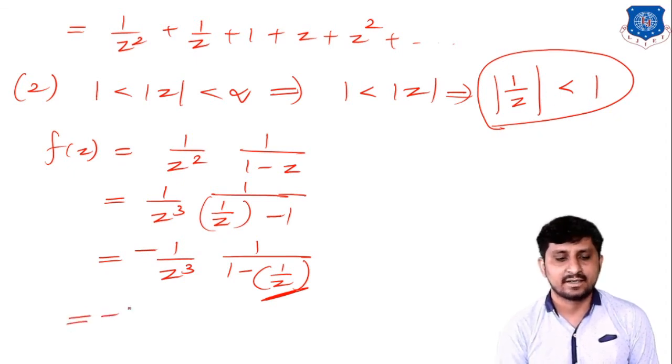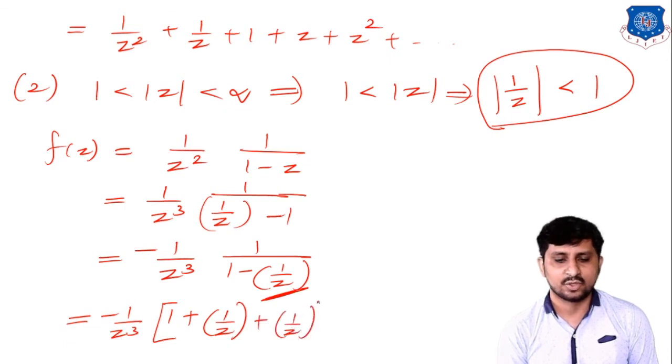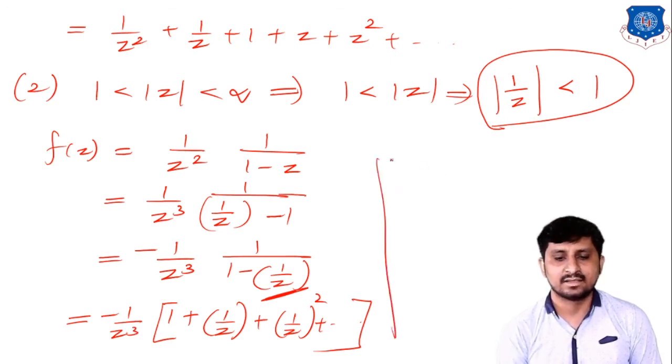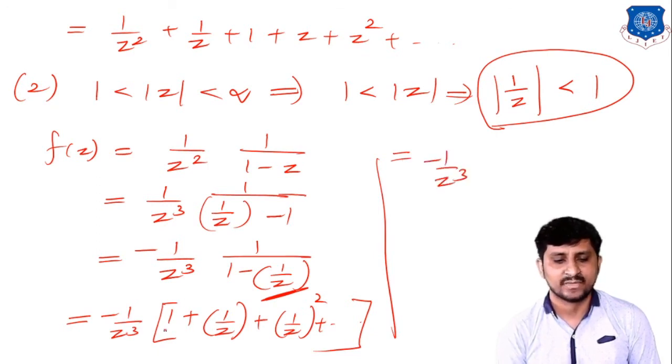So I can write minus 1 upon z cube into 1 plus 1 upon z plus 1 upon z whole square, and so on. When we express this, it equals minus 1 upon z cube minus 1 upon z raised to 4 minus 1 upon z raised to 5, and so on.